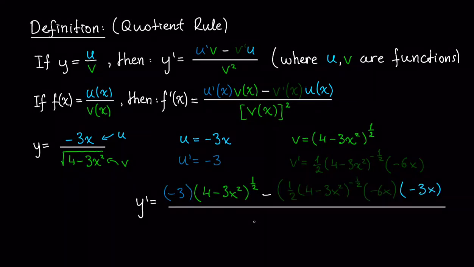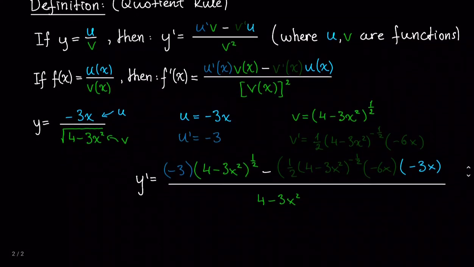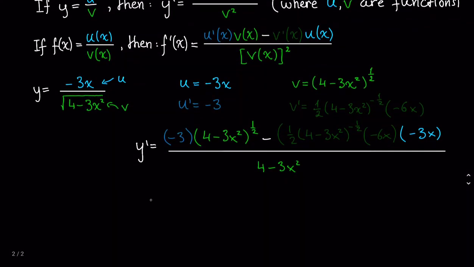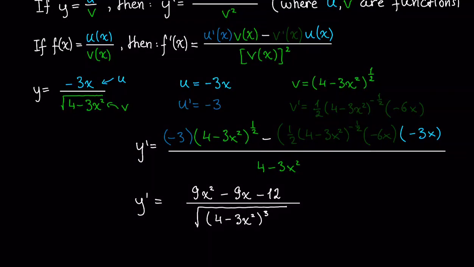And we divide all of this by the square of the original v, which is (4 minus 3x squared) to the power of 1/2, and we raise it to the power of 2. And conveniently for us, 1/2 and 2 cancel each other out, so we simply have 4 minus 3x squared left in the denominator. Again, this looks extremely complicated, so let's do a little simplification. This right here is what I got, and this would be your final answer.